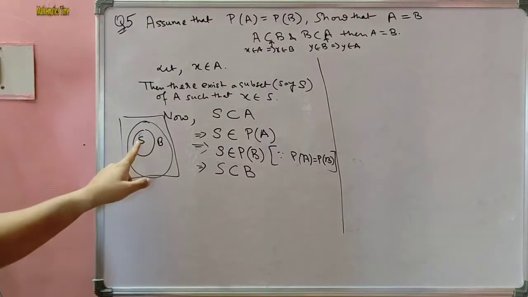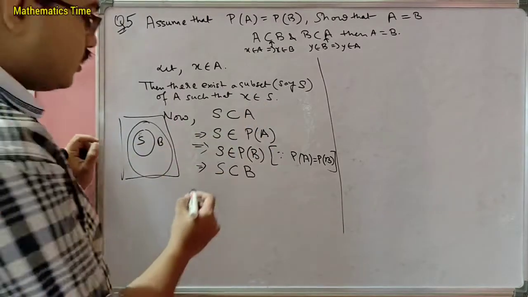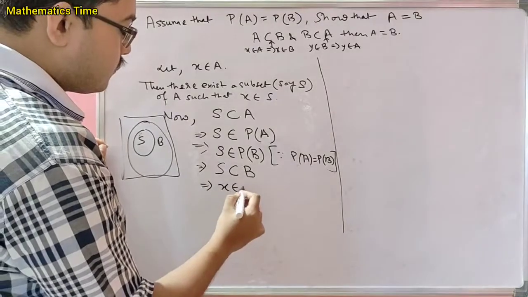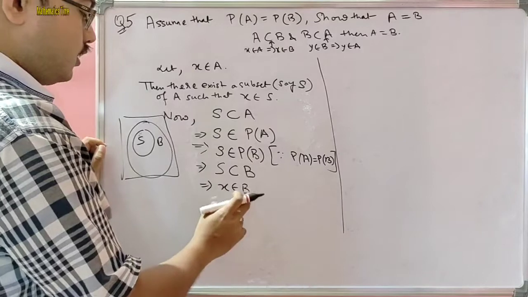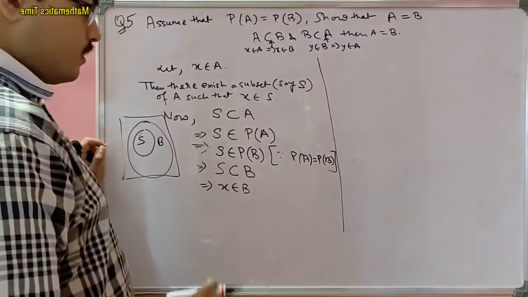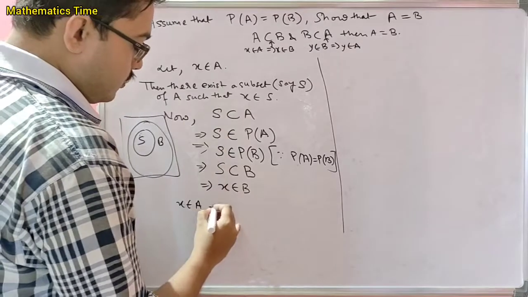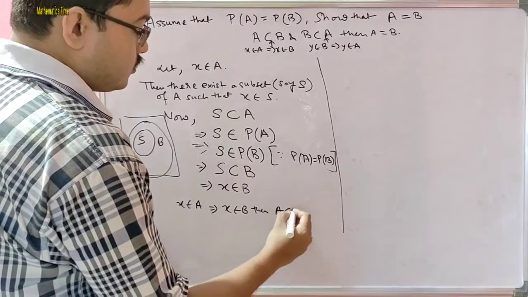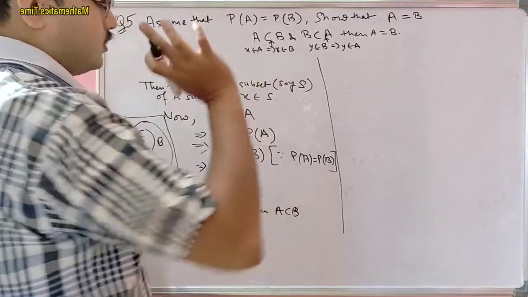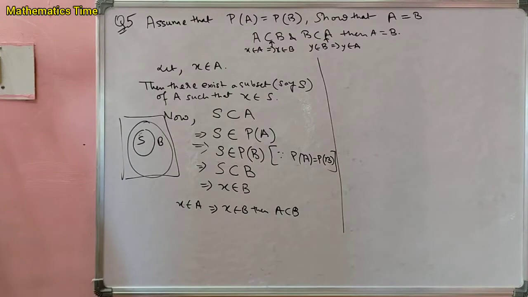So if x belongs to S, then x must be inside B. If x is an element of S, then x must be an element of B. So we started with what? x belongs to A, and we implied x belongs to B. Then what can we say? A is subset of B. So we achieved this. Now we have to achieve this one, B subset of A.